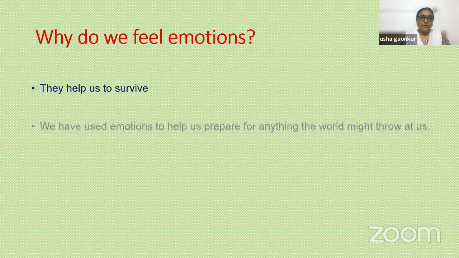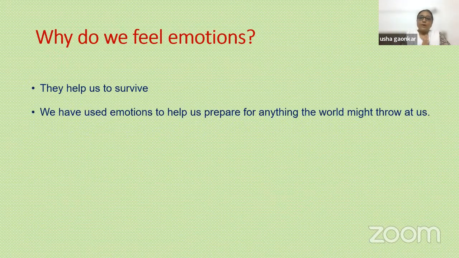Okay. So we have used emotions in our lives till date to help us prepare for anything the world may throw at us, right? So emotions have been like our steering wheel. The steering wheel in a car will guide you on the road where you want to go, right?